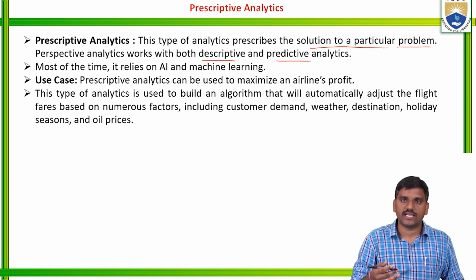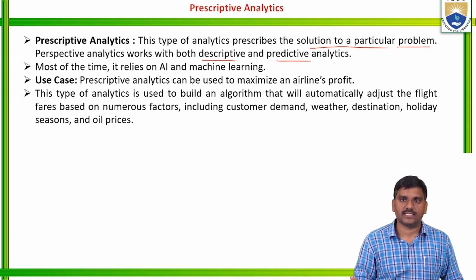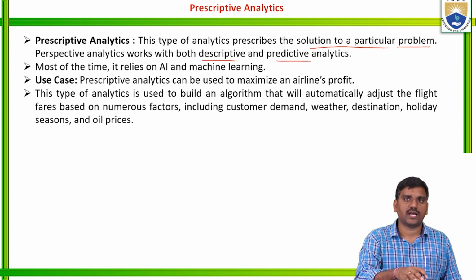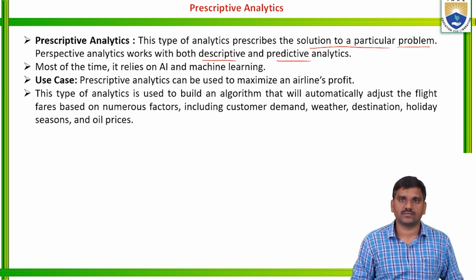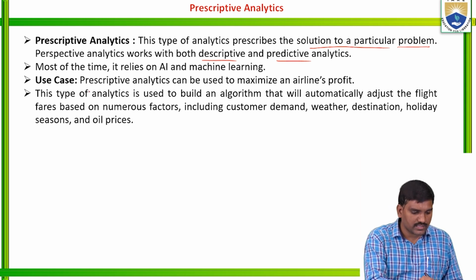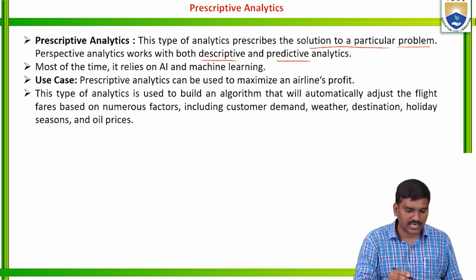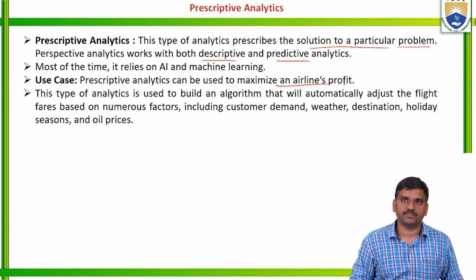It is the combination of both descriptive and predictive analytics. The features available in descriptive and predictive analytics are also applicable to prescriptive analytics, but with a few changes. The use case for prescriptive analytics is maximizing an airline's profit.